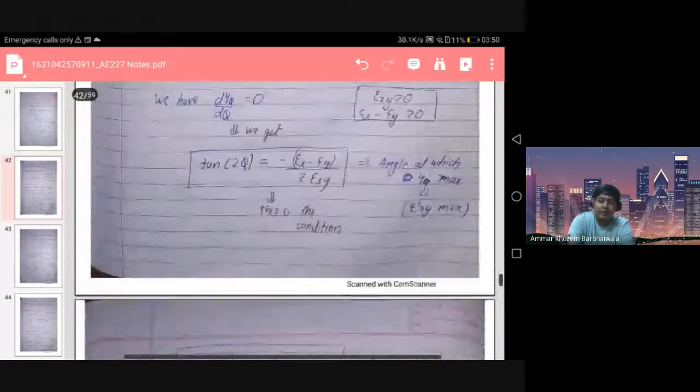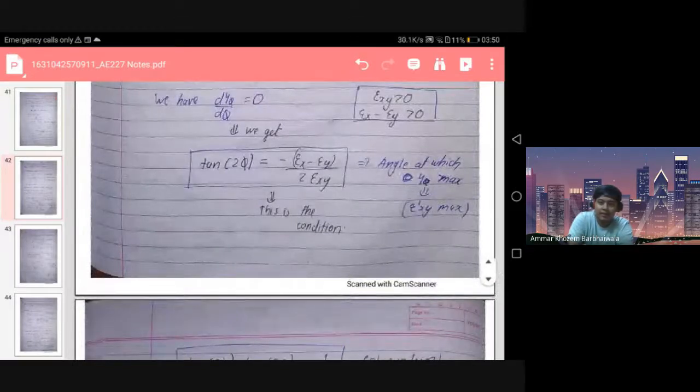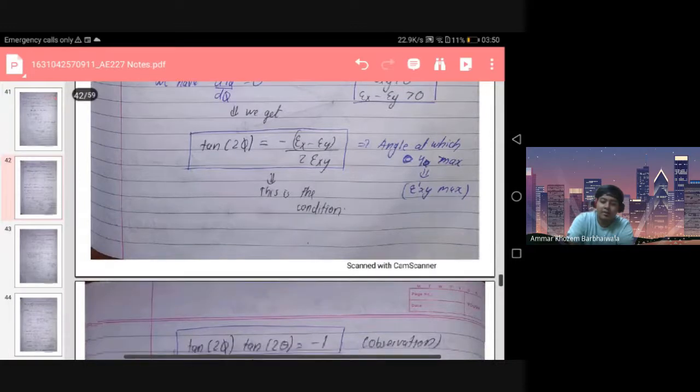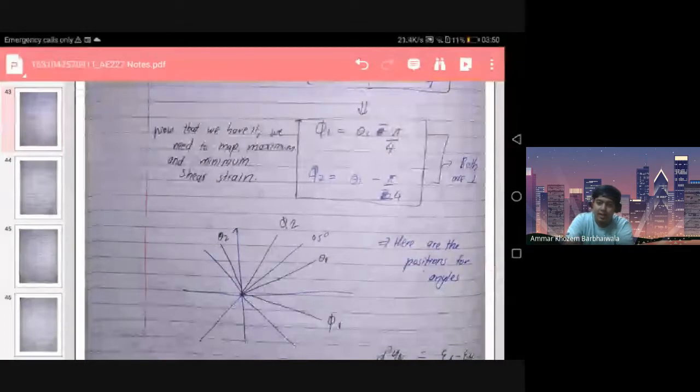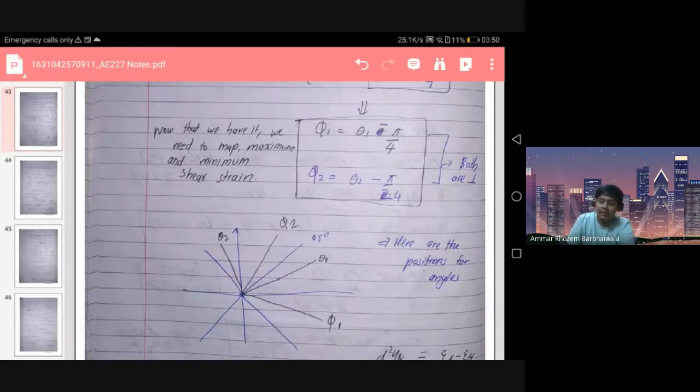So we have this condition, tan 2 phi equals minus epsilon, and after doing all the calculation again, in the end we have two directions. Phi is the direction in which shear strain is maximum, and theta is the direction in which the normal strains are maximum and minimum.